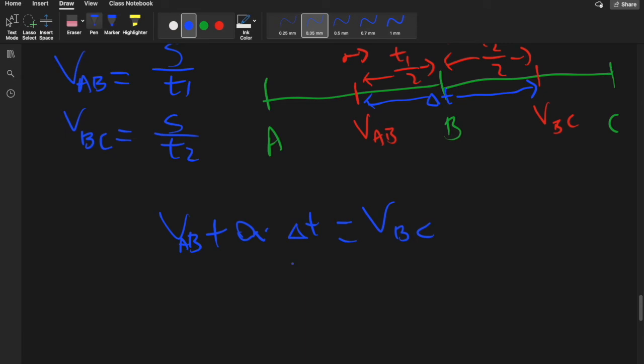And delta t is equal to T1 over 2 plus T2 over 2, right? So we can also express delta t in terms of T1 and T2. Then what about the acceleration? How can we write acceleration in terms of the condition?